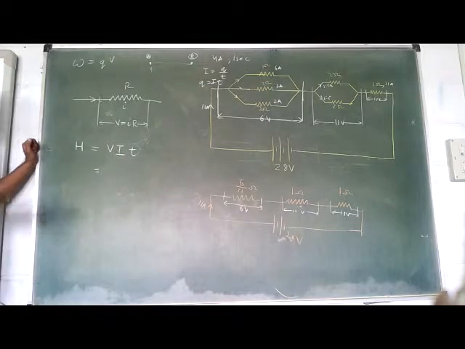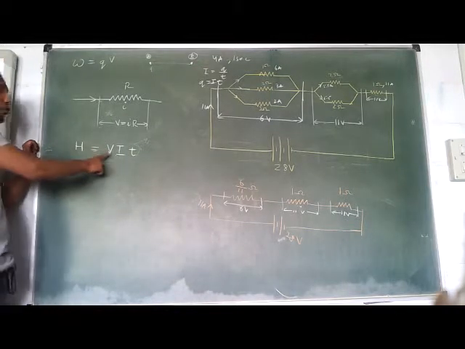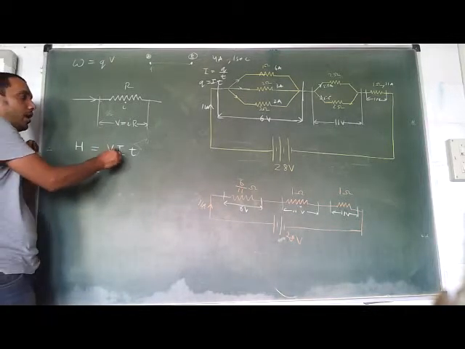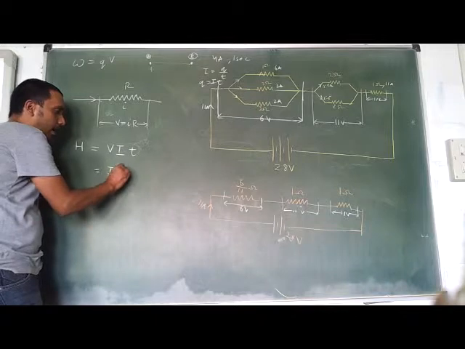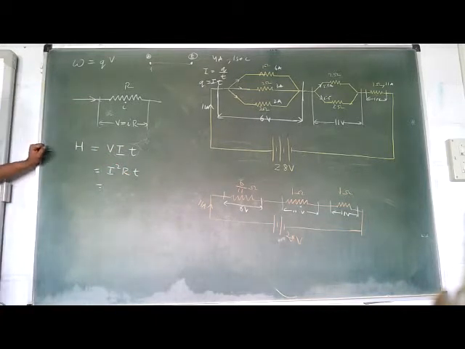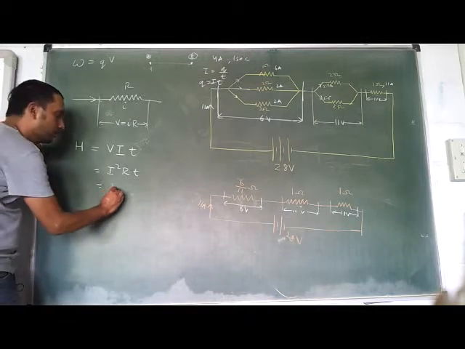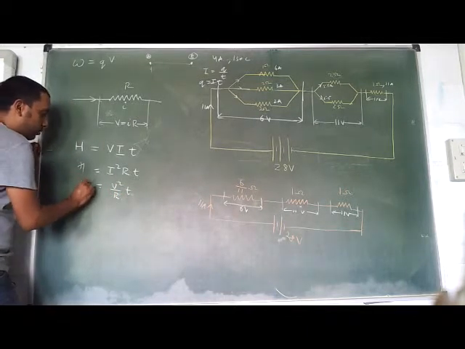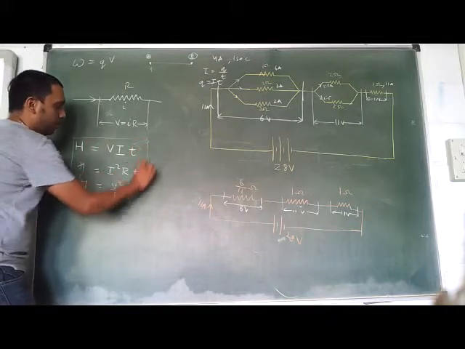Now you can have different formulas for this. Instead of V, I can write IR over here, or not? Instead of V, if I write IR, what does it become? IR into I, it becomes I square R into T. Instead of I, if I write V by R, what does it become? V square by R into T. So we have got 3 formulae for the same thing.